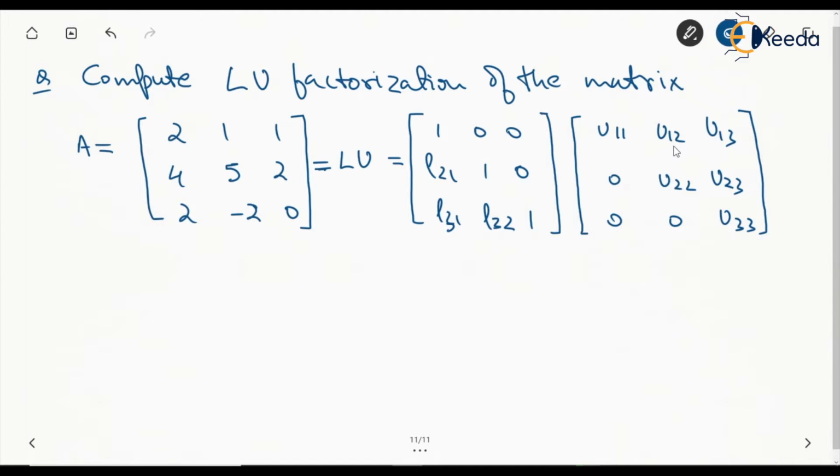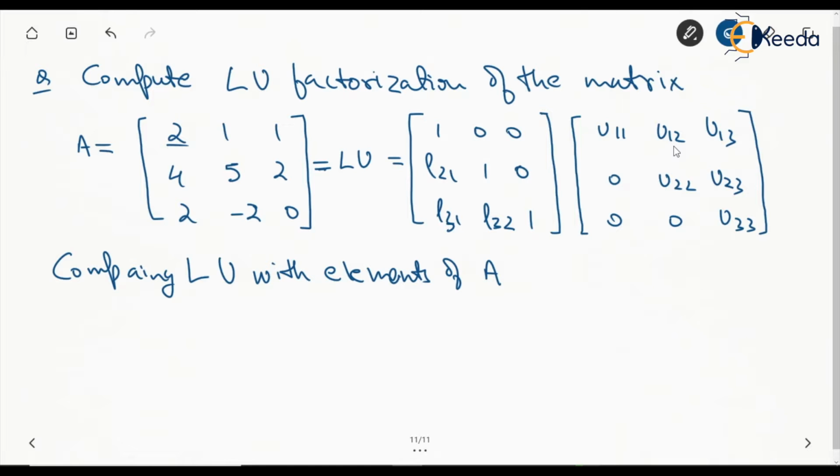Right? So if we multiply L with U, we can compare the elements of A and then we can find the values. So comparing LU with elements of A, let's see first row, first column.